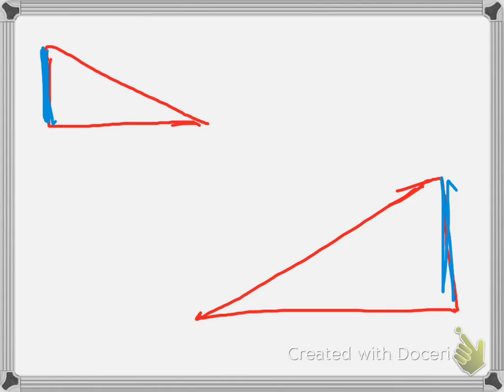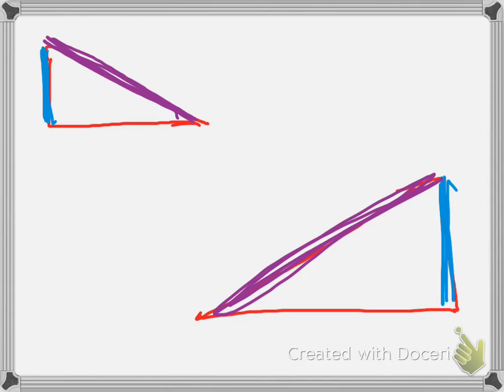It would be this one. Now, which side corresponds to this side? Well, it's that side, right? And then this bottom side corresponds to the bottom side. So you have to look at the shape of the triangle, and sometimes you might have to flip it around to find the sides that correspond to each other.